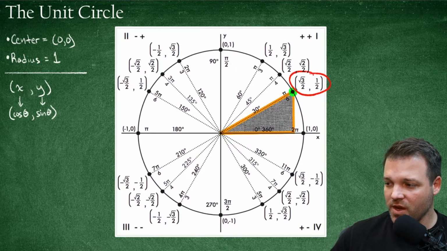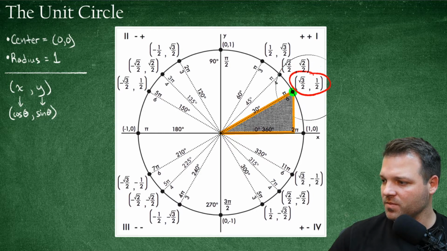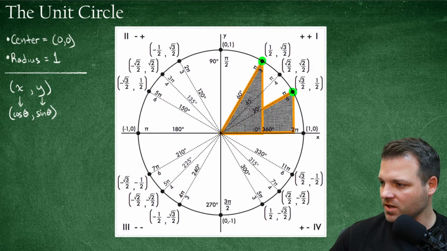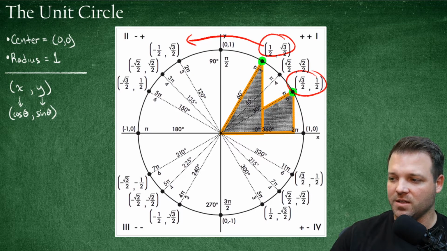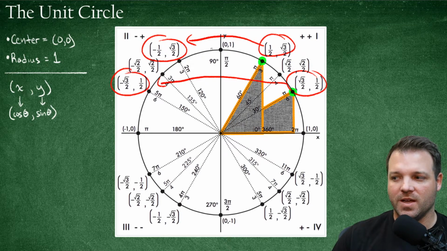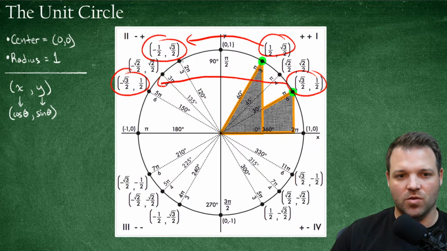Now, from there, you can actually come up with the rest of the points, or most of the points, very, very easily. Let me go ahead and show you what I mean by that. These 2 points are simply going to be reflected over to get these 2 points, right? In fact, it's simply just the x's are going to become negative because that's the second quadrant.